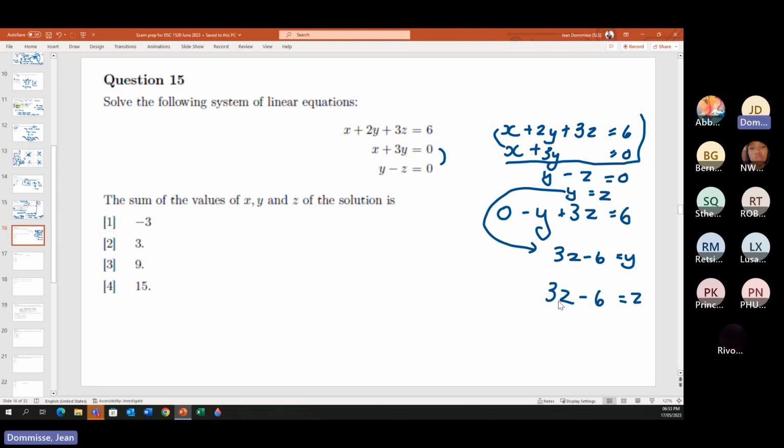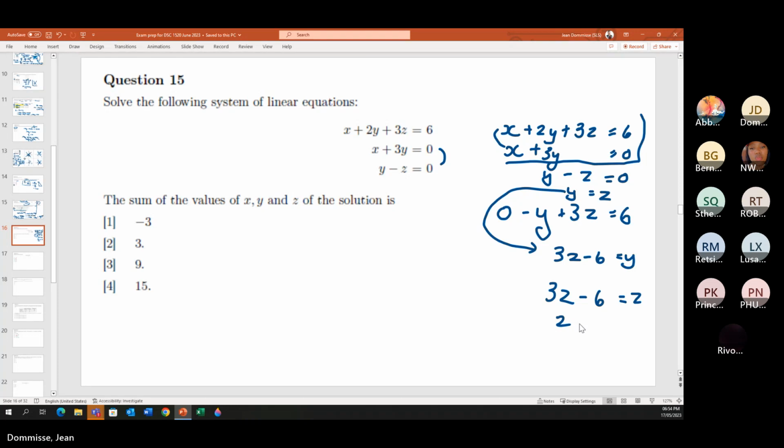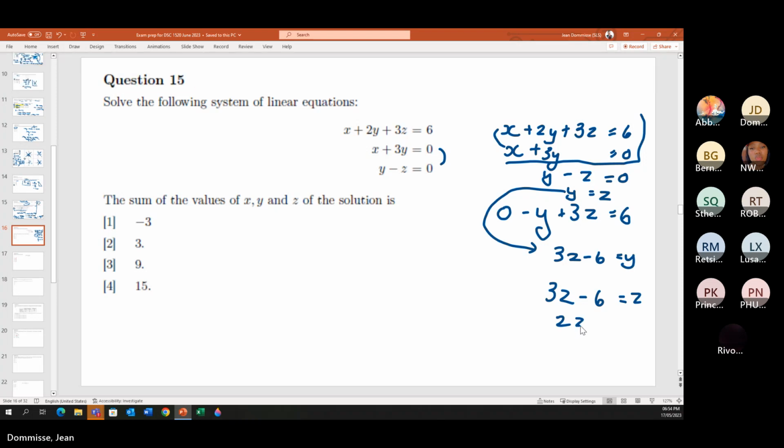So z comes to this side. So 2z is equal to 6, so z is equal to 3.